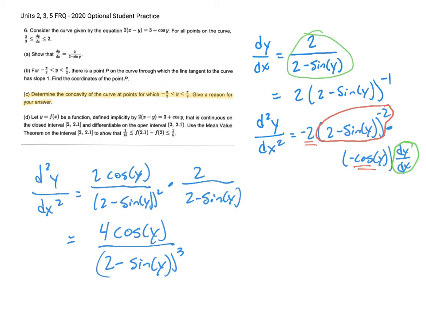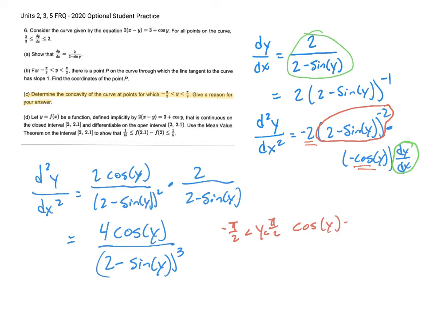Okay, so we need to examine the sign of this second derivative. So I want to just point out a couple things to you. First of all, when y is between negative pi over 2 and pi over 2, actually it's not equal, it's just strictly less than, cosine y is positive. Cosine's positive in the first and fourth quadrant.